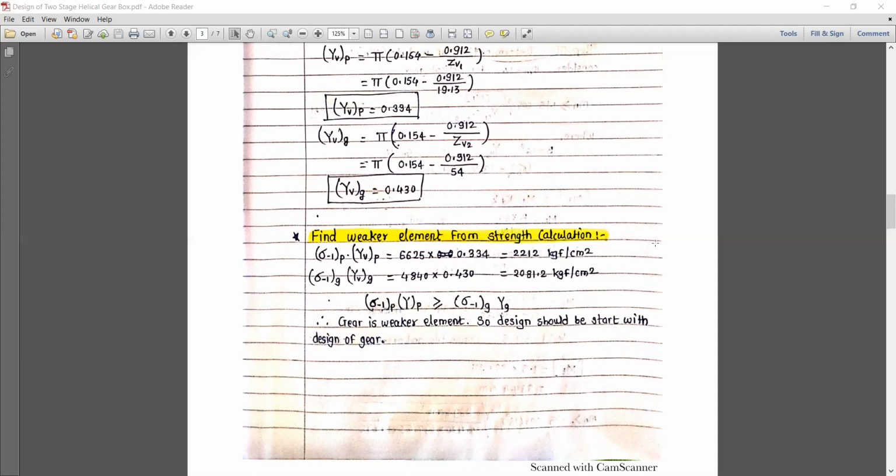From these two values, in this case the gear is weaker. Please note down, in this case the gear is weaker, so we have to start our design with the design of the gear. Okay, let's do it.